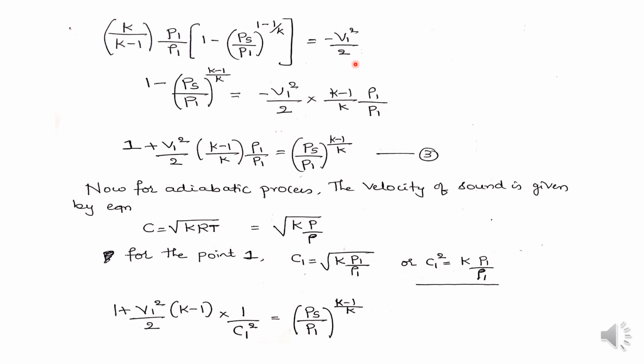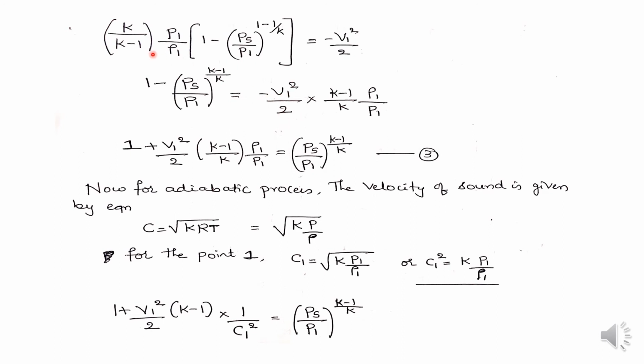So now this term in the bracket I have kept as it is, and this entire term I have shifted to this side. So I have written here 1 minus ps divided by p1 to the power, here the LCM will be k, that will be k minus 1 divided by k, equals minus v1 square divided by 2.